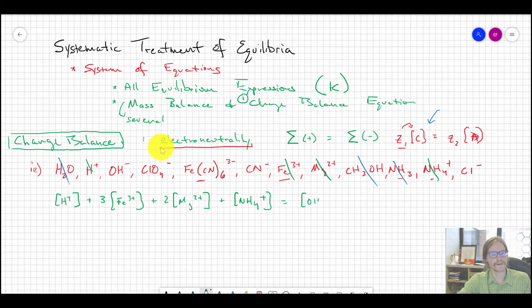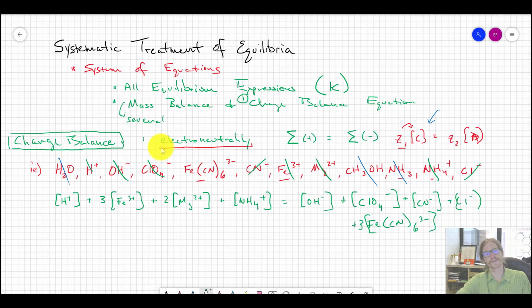So I'm going to set that equal to the hydroxide ion concentration, plus the perchlorate concentration, plus the cyanide concentration, plus the chloride concentration, and then plus this ferricyanide complex, 3 minus, and that's going to be in parentheses, and I'm going to multiply that by 3.